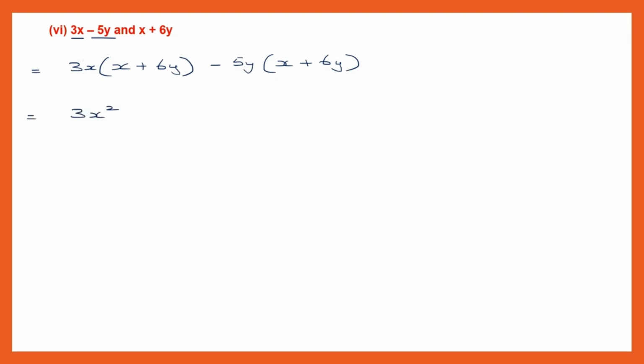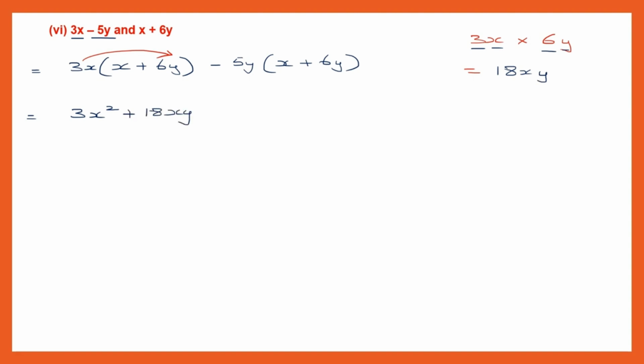Now we are going to multiply 3x into 6y. Multiply the numbers, 3 into 6 is 18. Then we have 1x and we have 1y, 18xy. So that is plus 18xy. Let's go to the next one.